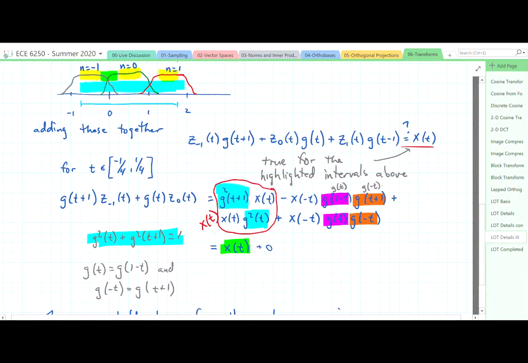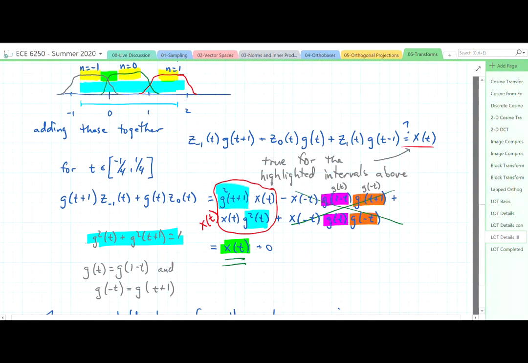That was also in the properties of g. So here, we're essentially canceling out those terms. And so we get, at least over this interval, when we sum up g of t plus 1 times z of minus 1 of t, and g of t times z naught of t, we get just x of t.